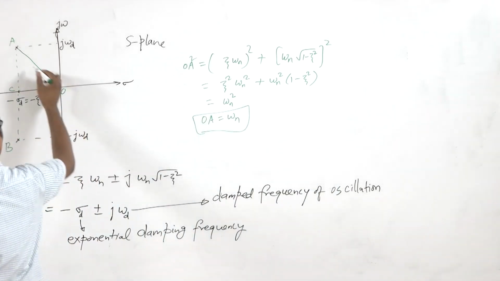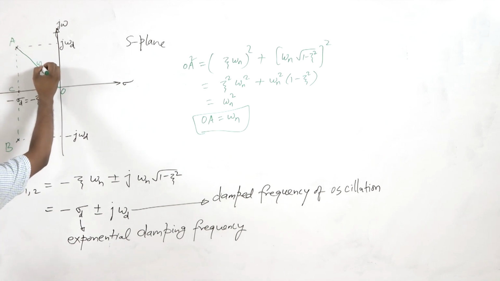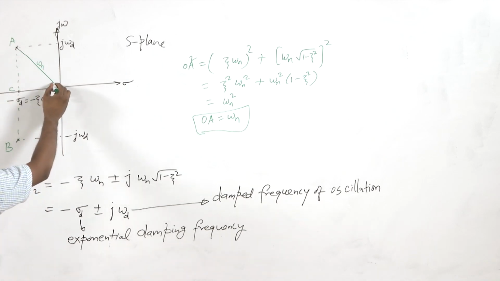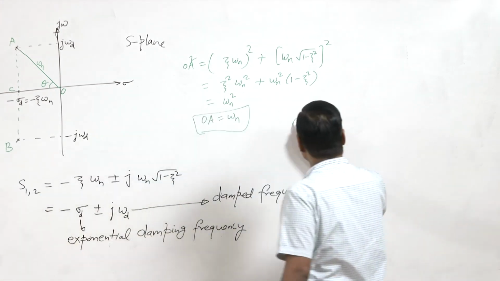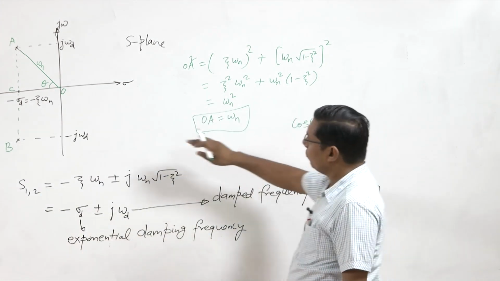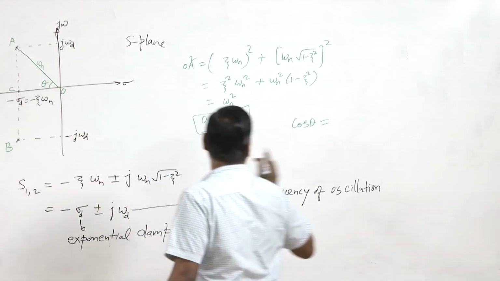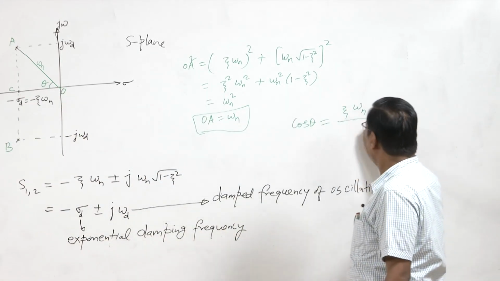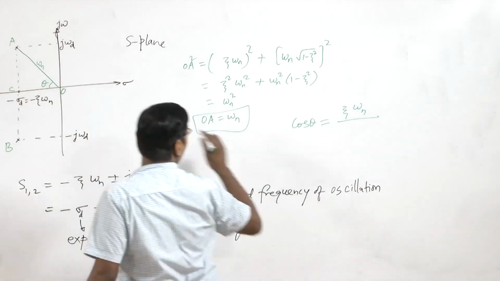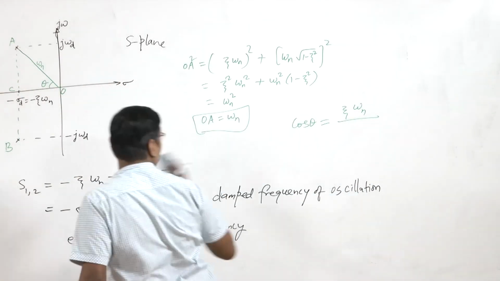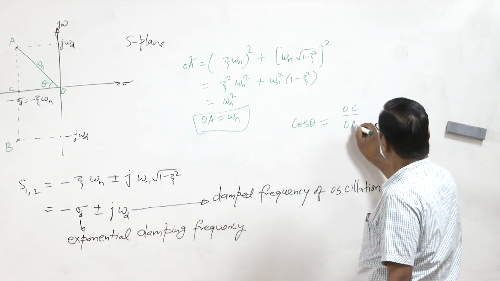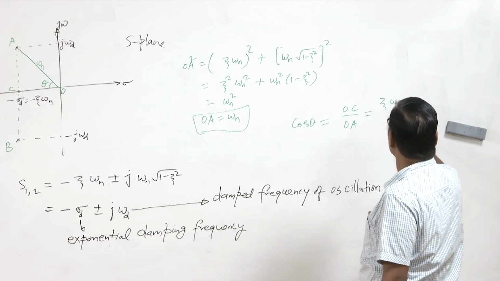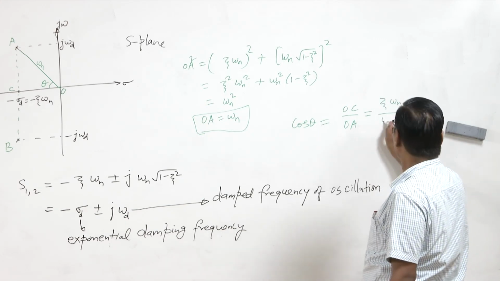So this is omega n. Now, come to this theta. So if we calculate cos theta, cos theta equal to this quantity zeta omega n upon OA, OC upon OA. OC is zeta omega n and OA is omega n.